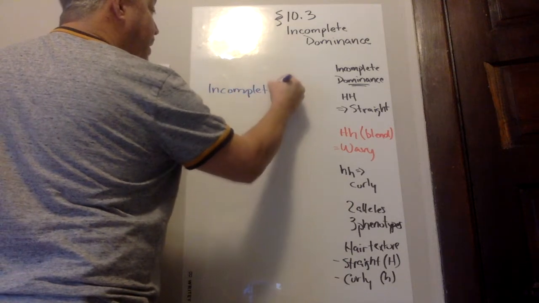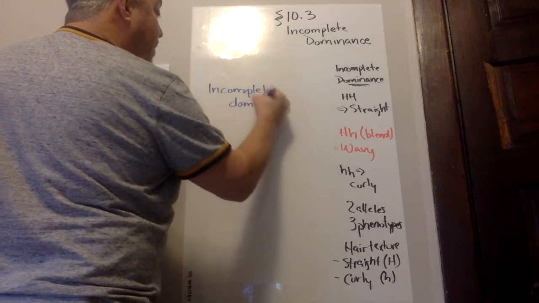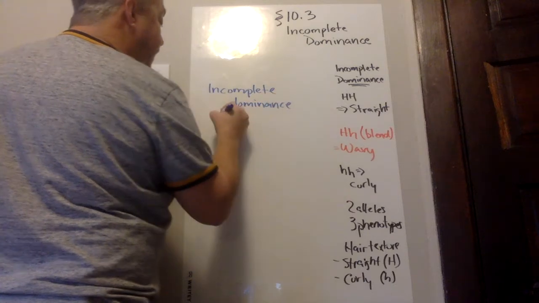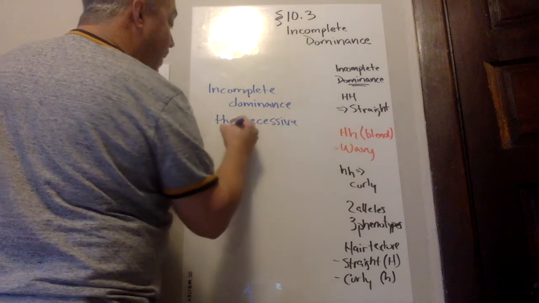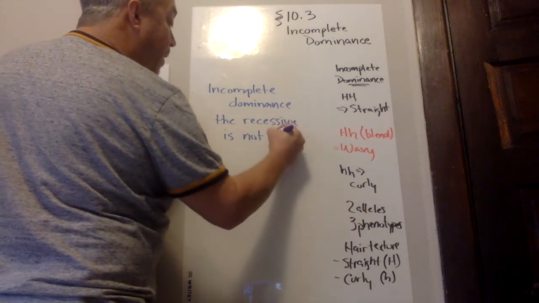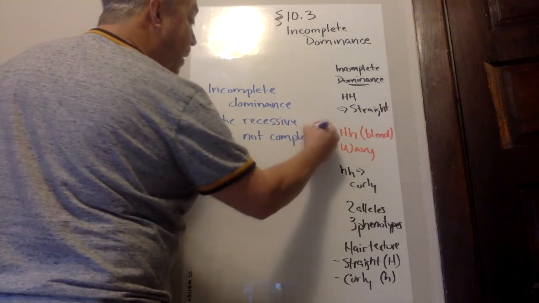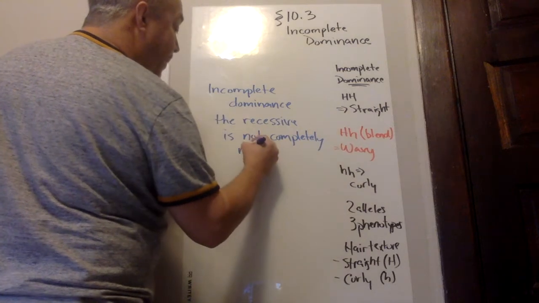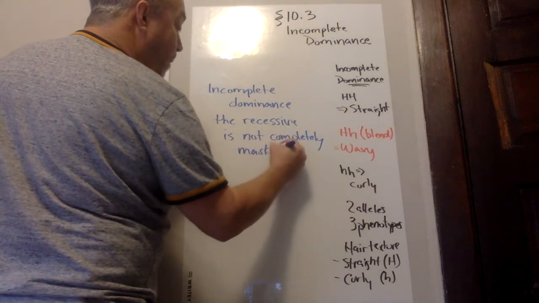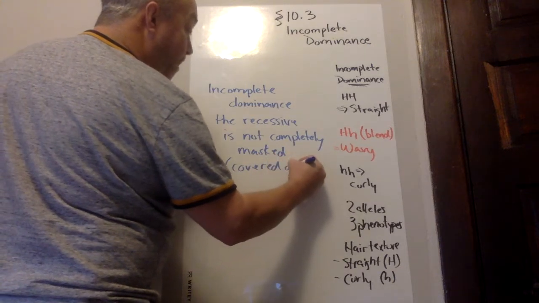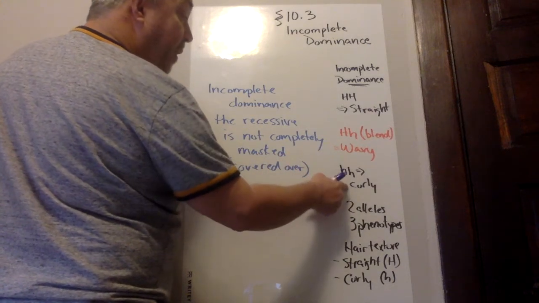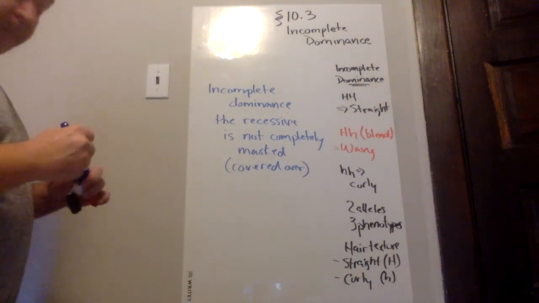The recessive allele is not completely masked, which means to be covered over. A little bit of the curly got through.